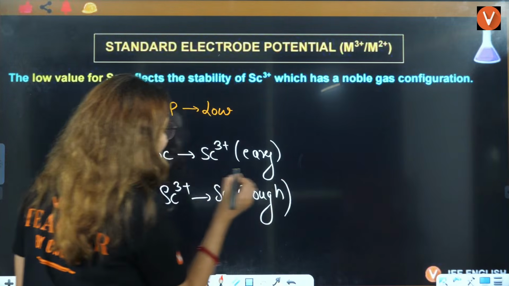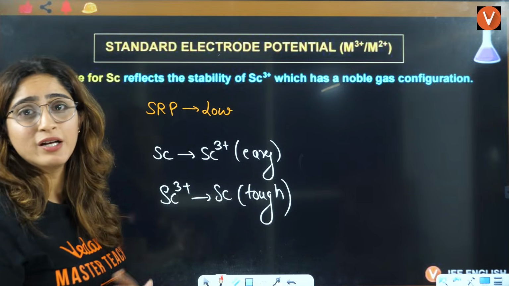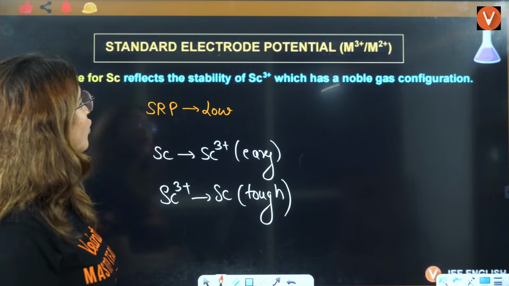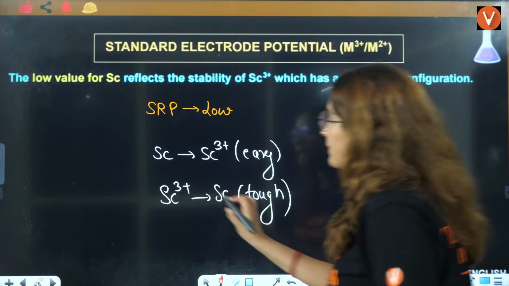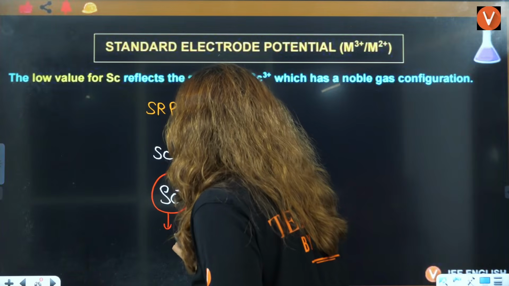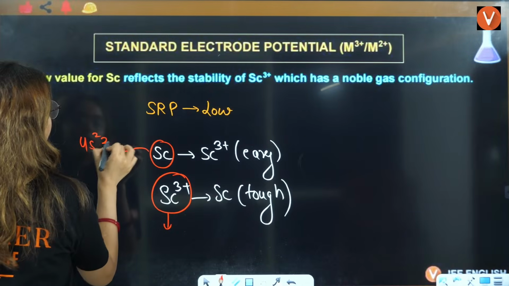Now, can you tell me why it is so difficult to convert scandium 3+ to scandium 2+? Why is this value so low? See, scandium is 4s2 3d1.